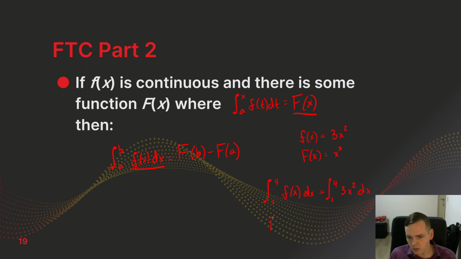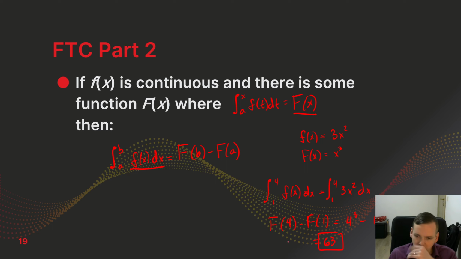Well, that's just going to equal big F of 4 minus big F of 1, which will be 4 to the third minus 1 to the third. 4 to the third is 64, minus 1, so I believe that's 63, which I think I just wrote under my face. So I believe it's 63.